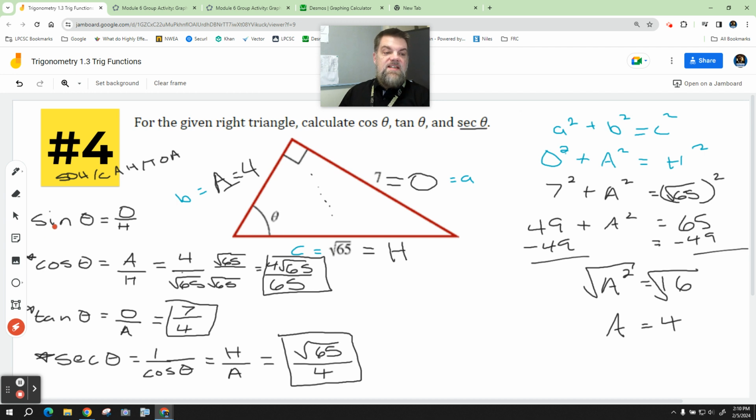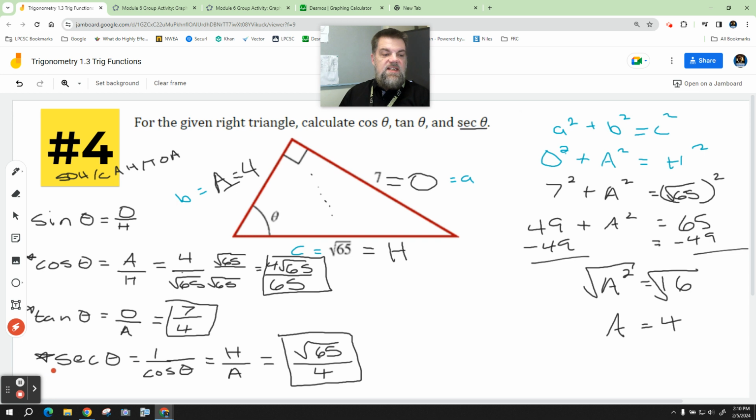But when I say sine of some angle theta, whatever that angle is, I'm trying to figure out what the opposite over the hypotenuse is, number-wise. Cosine of whatever the angle theta is going to have a value for A and a value for H. Tangent has O over A, the opposite over the adjacent.